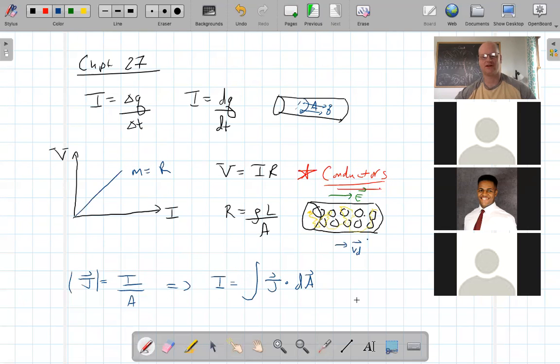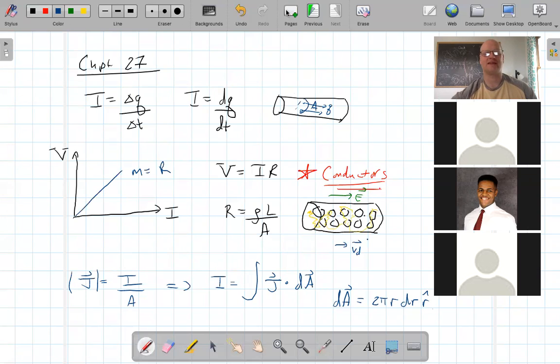So this is our current in terms of current density. And dA, we said for our purposes, is going to be equal to 2 pi r dr in the r hat direction. So again, current is the average over the entire wire. Current density is talking about what the current is actually doing from location to location.